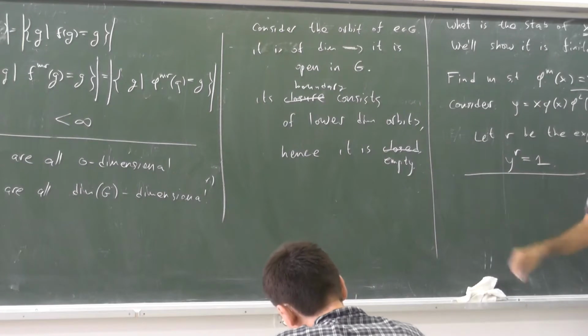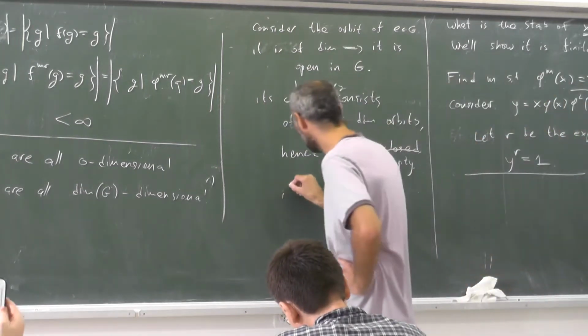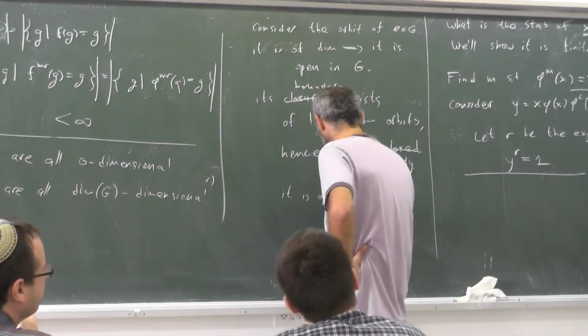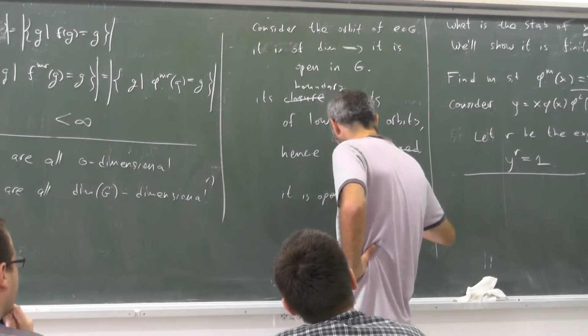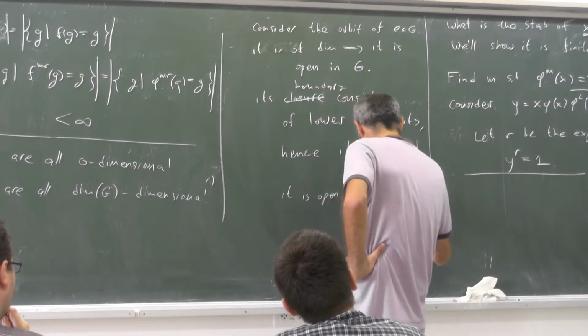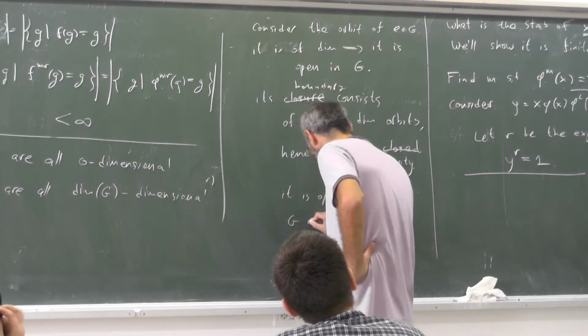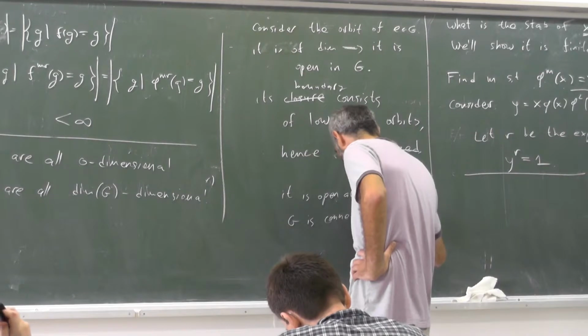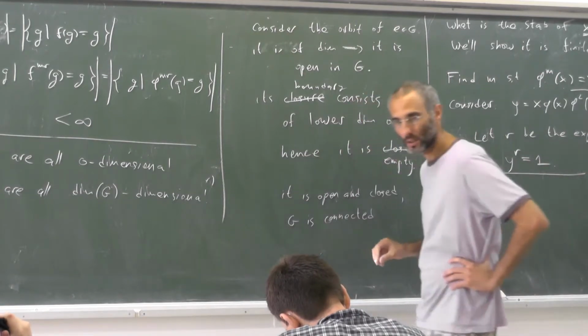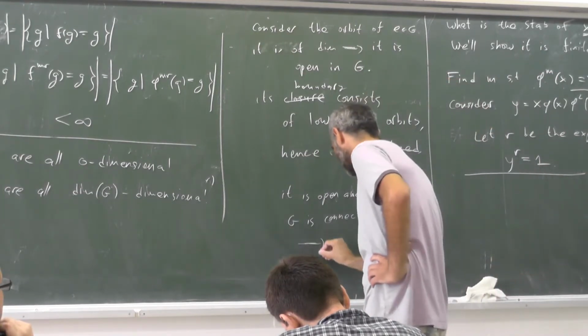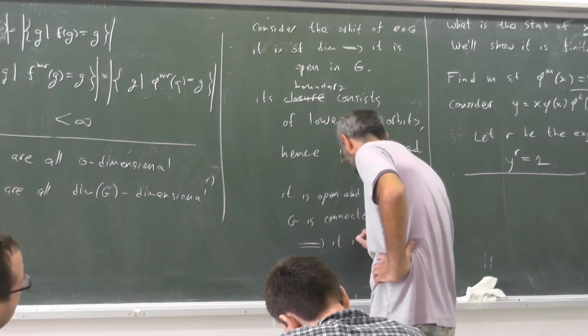There is no boundary. It is open and closed. And G is connected. This was the assumption we haven't used yet. It implies it is the whole thing, not empty.